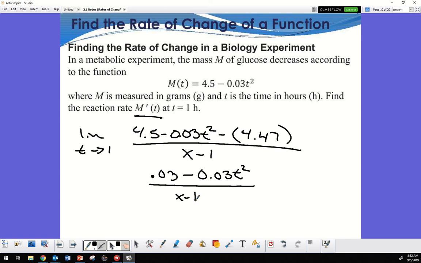Where did you get the 4.47? Plug in 1 here. So it's 4.50 minus 0.03, plugging in 1 for t. It's 1 squared, so I'm just subtracting that.